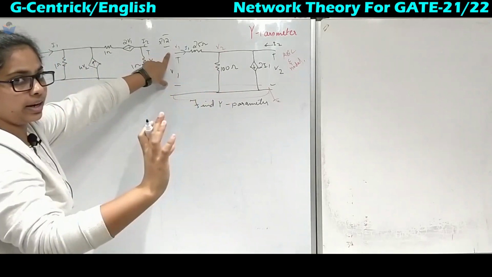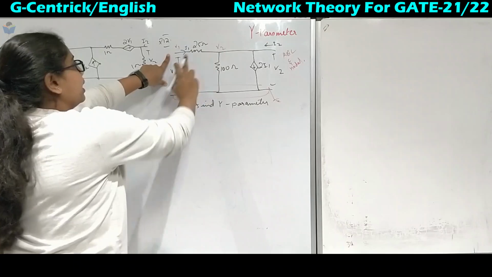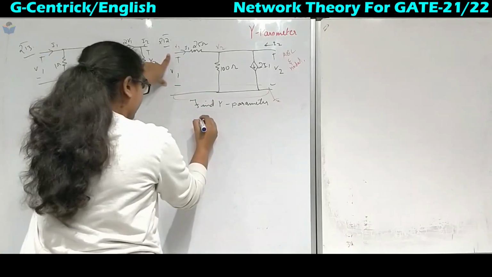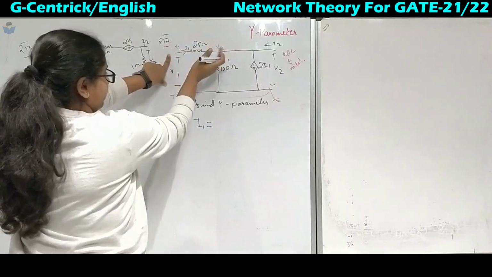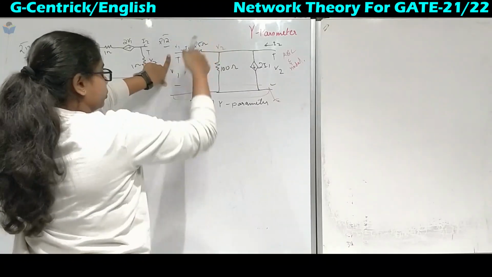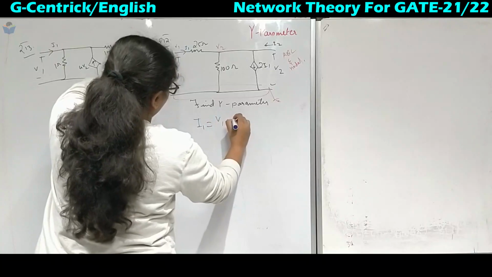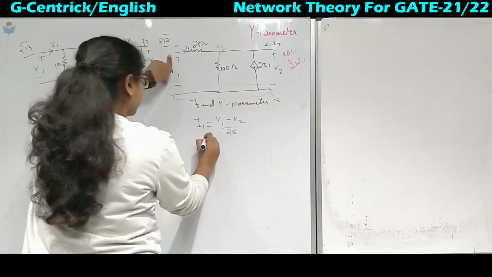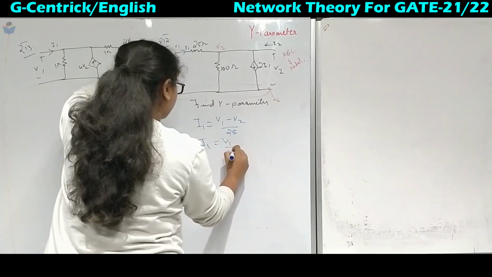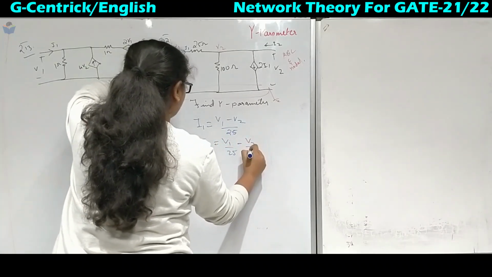So how do we apply nodal for this one? First equation I can get directly. Here we know that it is I1. I can write the equation of I1 as, this current is flowing in this direction, from higher potential to lower potential, V1 minus V2 divided by 25. So the first equation is V1 over 25 minus V2 over 25.